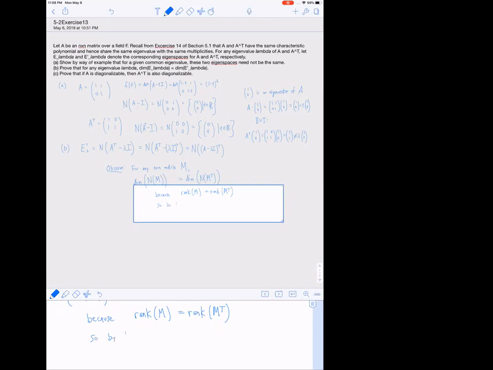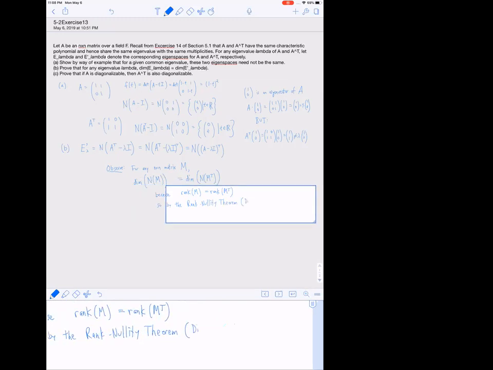So by the rank nullity theorem, or as we've been calling it in this class, the dimension theorem.